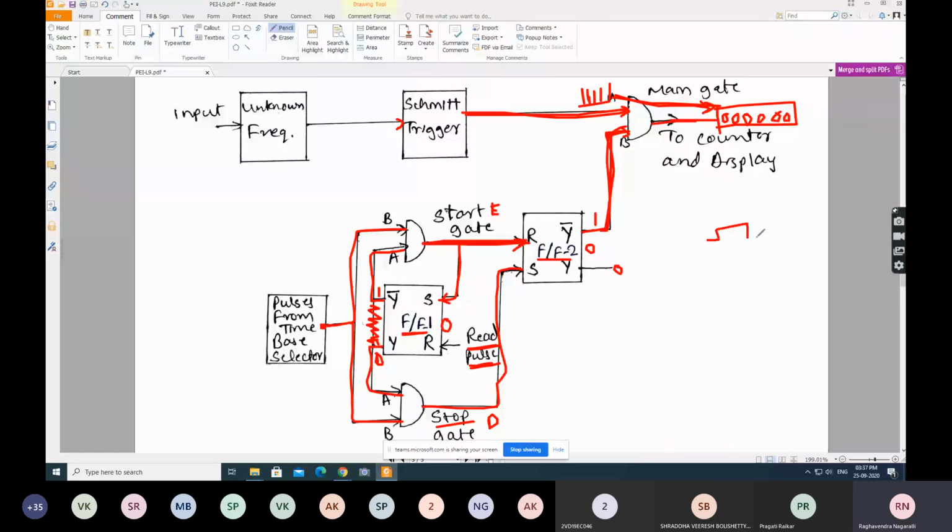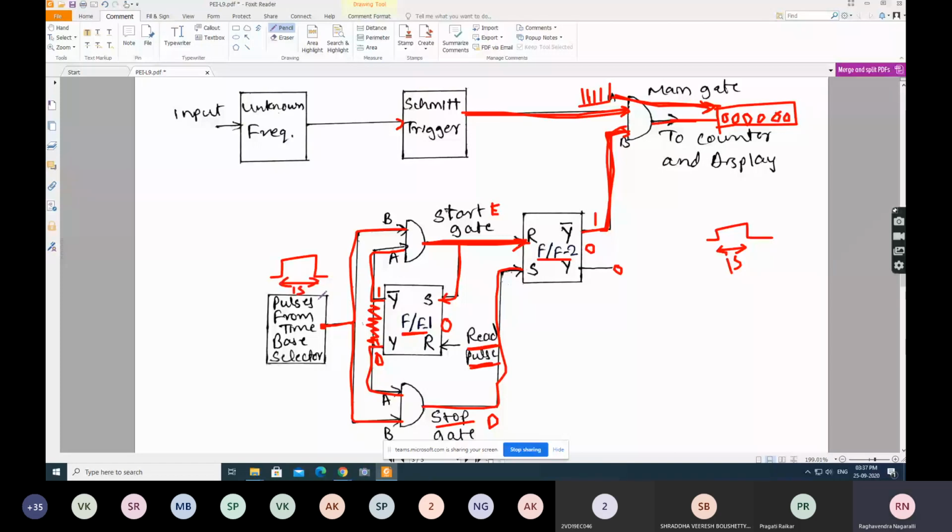For exactly 1 second. So we need to enable this main gate for exactly 1 second. So this pulse duration from this time-based selector should be of 1 second duration. So this pulse generated by this time-based selector should be of 1 second duration.